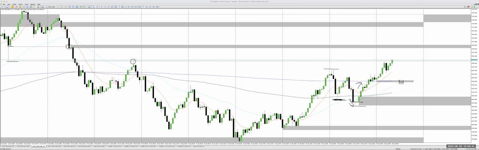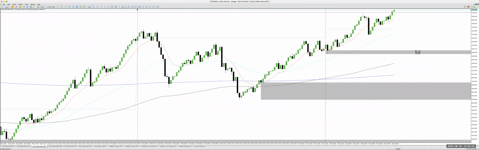I'm also looking at this area as a point of interest, and I'm looking at this area as a point of interest, and also this area. So it all boils down to what price action you see. If you see price sort of rejecting, giving you rejection candles, you just drop down to a smaller time frame and you look for patterns.